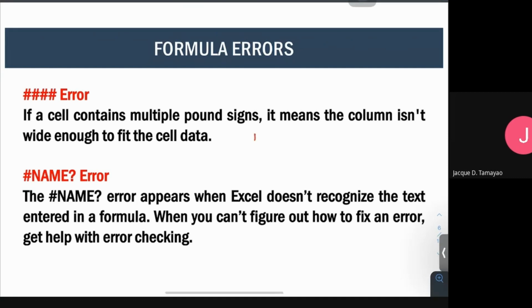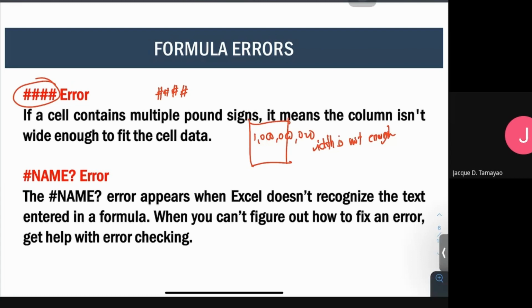For example, the amount placed is 1 billion, however, the width of the cell is only like this. The width is not enough to cater the data to be placed on that cell. So it cannot display the whole 1 billion, it can only display some. Therefore, it will show multiple pound signs.